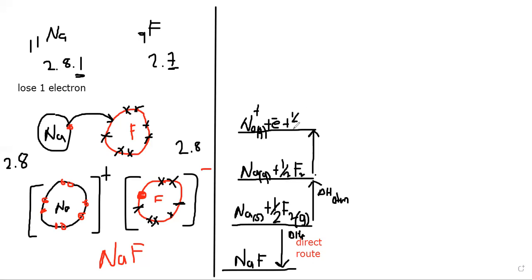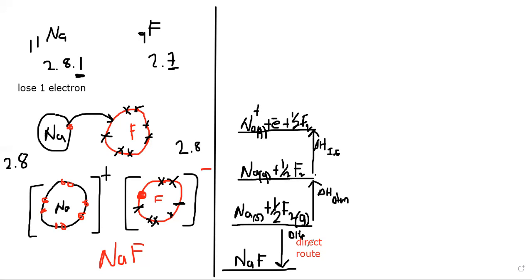Fluorine still remains as the diatomic molecule. All right. So remember, when we remove the electron from the atom, that is ionization energy. I'm going to put this symbol for enthalpy change, and I'm going to put I and E for ionization energy.